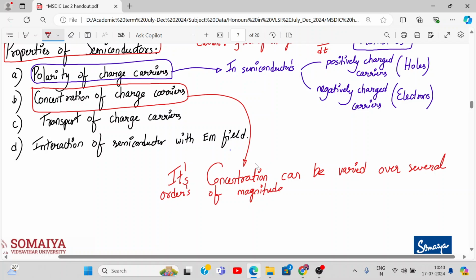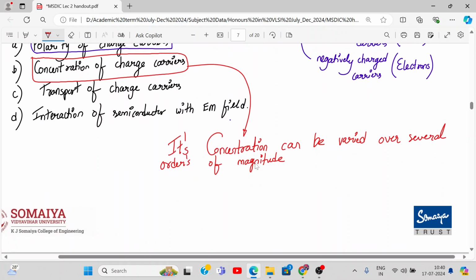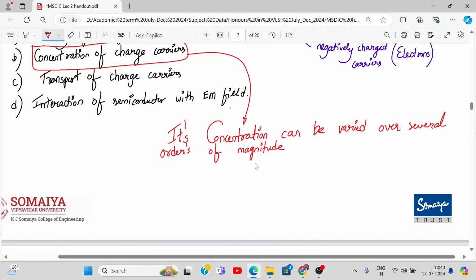Let me give you an example. Let me draw this and show it to you, then you will understand. So the x axis is my concentration of charge carriers.